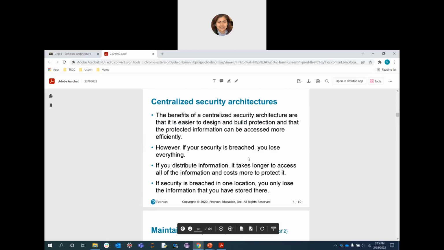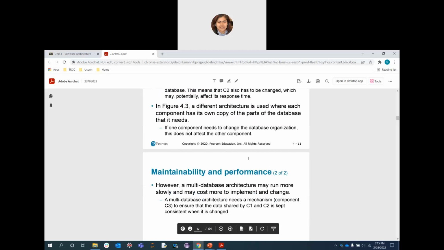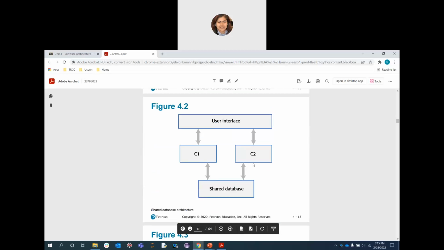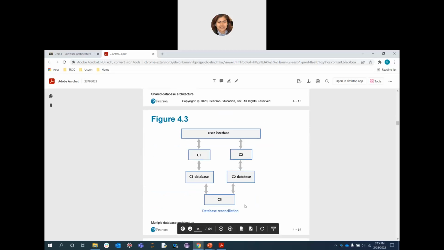So we are looking at a centralized database architecture where the database is shared, and a distributed database architecture where each component has its own copy in its own database.